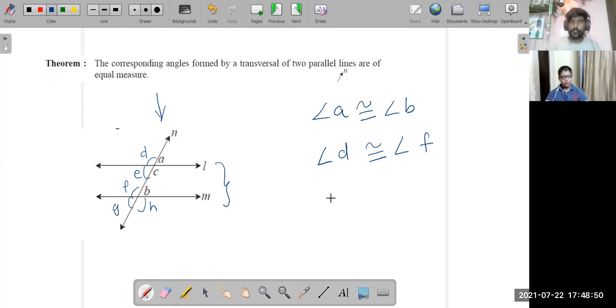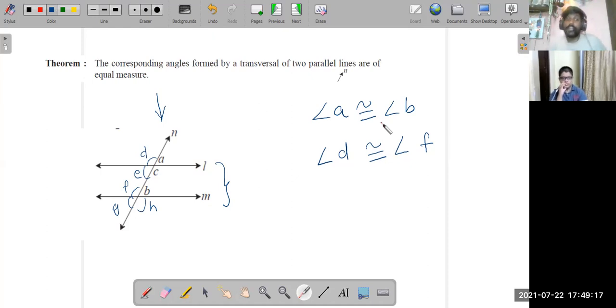Note that we can say this only because line L and M are parallel to each other.